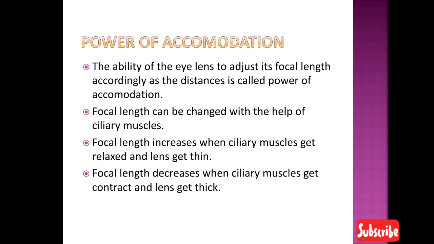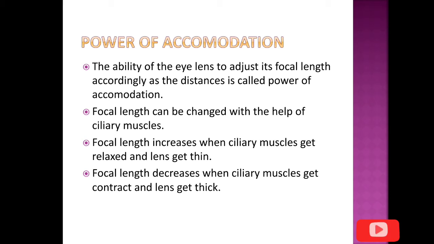Now let us discuss the power of accommodation. The power of accommodation is the ability of the eye lens to adjust its focal length according to the distance. And this focal length can be changed with the help of the ciliary muscles.